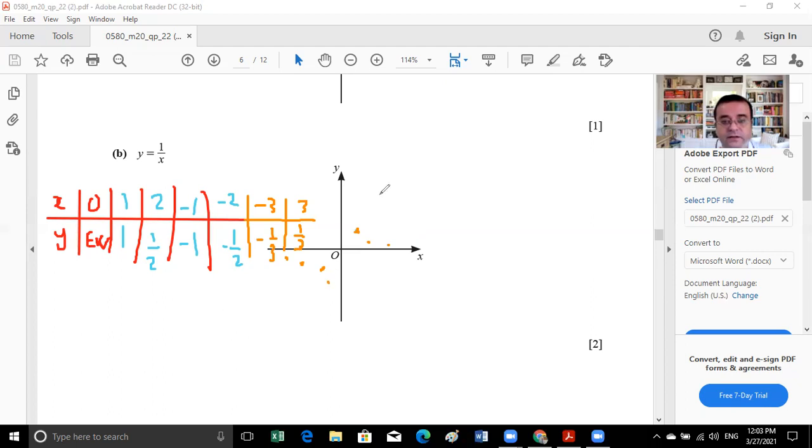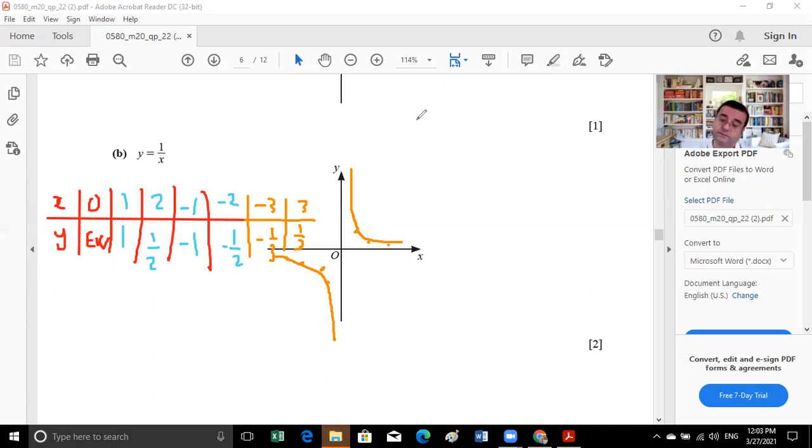So the graph becomes like this. I cannot draw it smoothly because of my mouse, but the graph looks like this. Do you understand? Okay, done. Did you draw it?